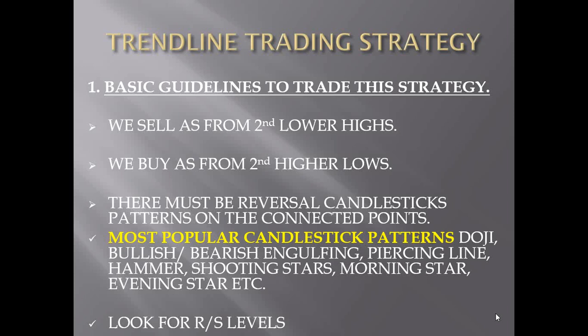We said that we start to sell as from the second lower high, and then we must also look for any bearish reversal candlestick pattern, and then we usually look for a resistance level.